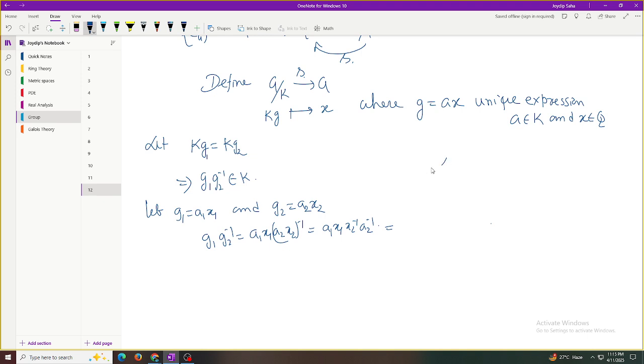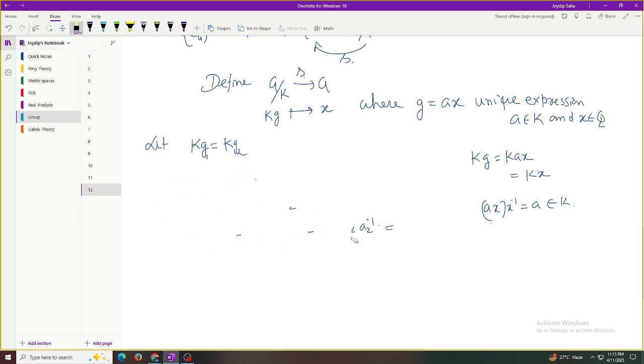So how to write it: Kg, that is K a x. Now a belongs to K, that is Kx, because a x x inverse, a belongs to K. So Kg1 equals Kg2, and g1 equals a1 x1, g2 equals a2 x2.